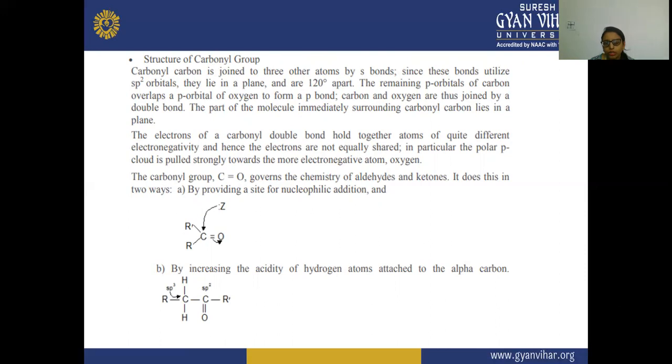In particular, the polar pi cloud is pulled strongly towards the more electronegative atom, oxygen.